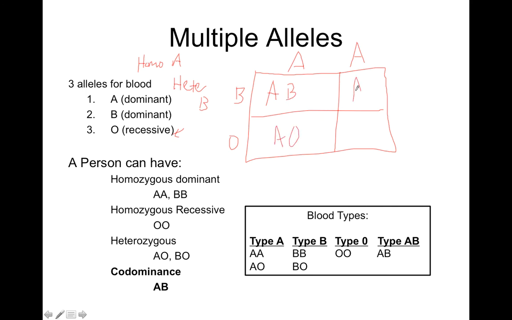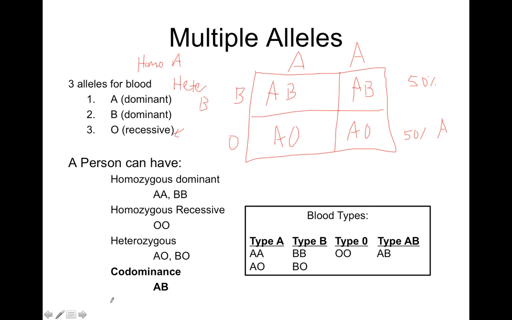So that would look like this. I would say that 50% of my children will be type AB blood, which would be a co-dominant AB, or I would say 50% of them would be, hopefully you can tell me that these two are type A blood because they have an A and a recessive O. And so those will be type A bloods.